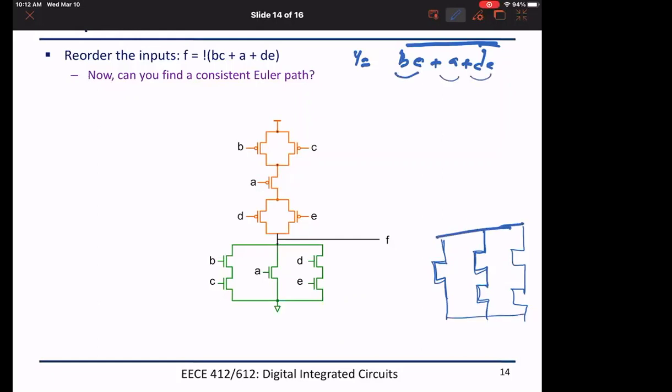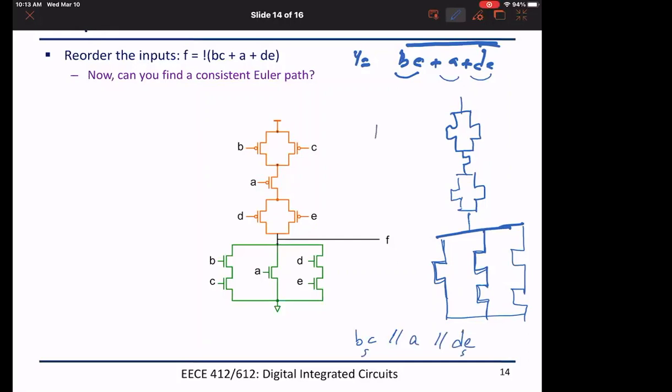Okay, and in the pull up I have B and C in parallel, and I have D and E in parallel, but I can place A in series with them wherever I want. Right? So the order, BC parallel in the NMOS, A parallel to DE, and these are in series.